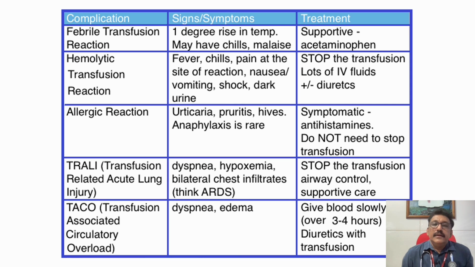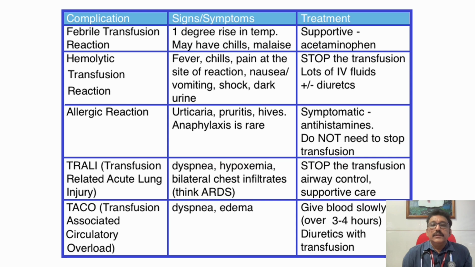In hemolytic transfusion reaction, stop the transfusion, inform the blood bank, and next time when we are transfusing, we have to make sure that everything is proper and try to avoid transfusion reaction. Only if there is a strong need should we transfuse, otherwise we try to avoid transfusions, because next time also the same problem can occur.